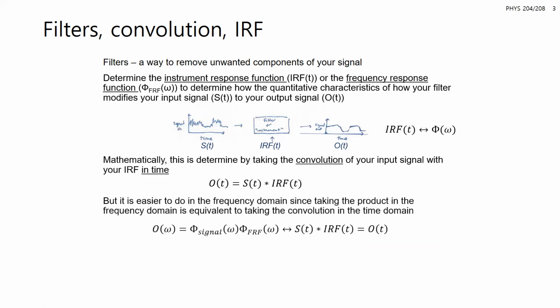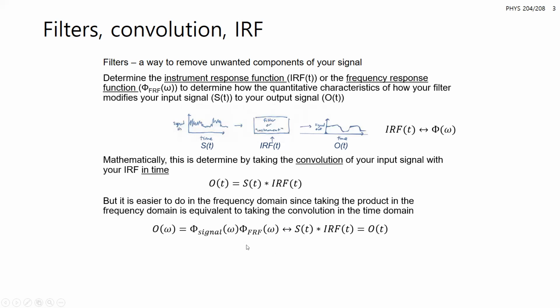Last week, we established that while we wrote out what the convolution is in the time domain, taking the Fourier transform, convolution in the time domain is equivalent to taking the product in the frequency domain. So it's typically much easier to just multiply two signals than taking the convolution.